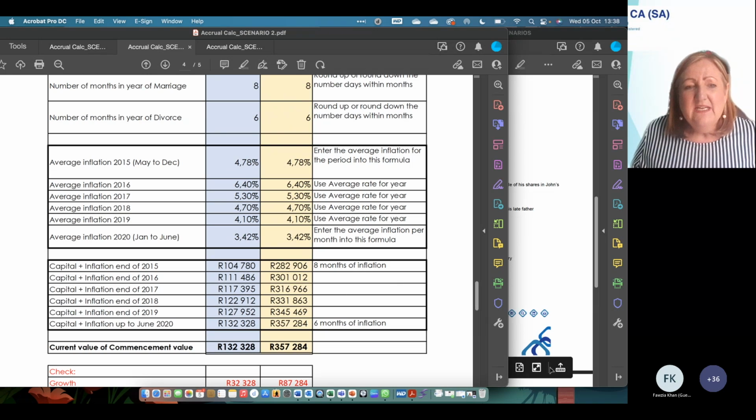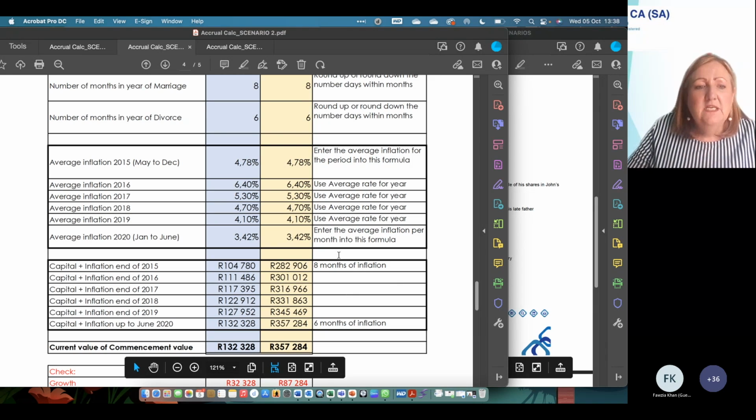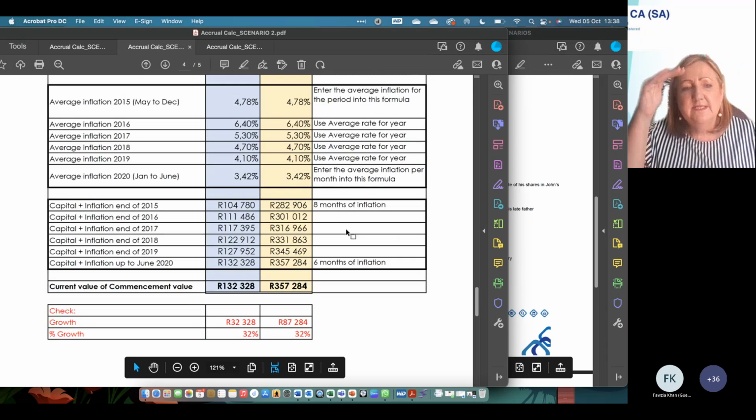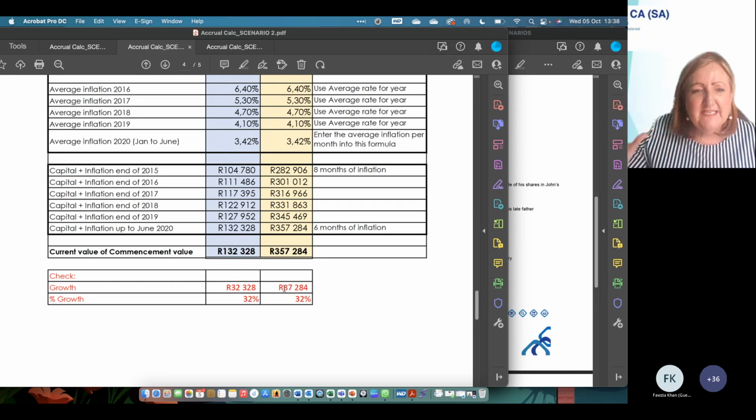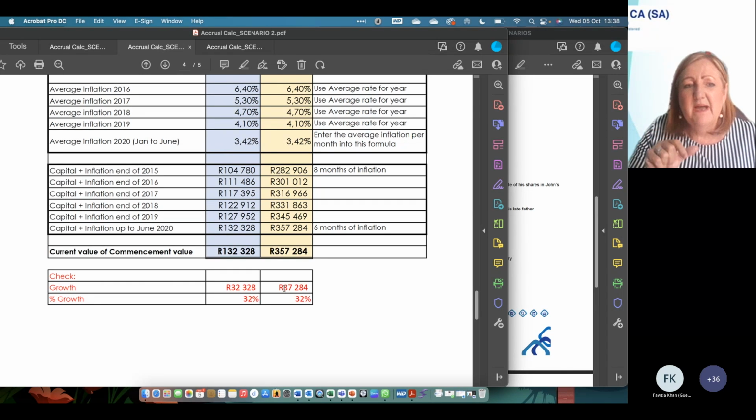Okay, right. So that is, and then we add up all this capital plus inflation amounts. No, sorry, wrong, discard that. You don't add it. You take the total amount at the end of June 2020, which is 132,000.